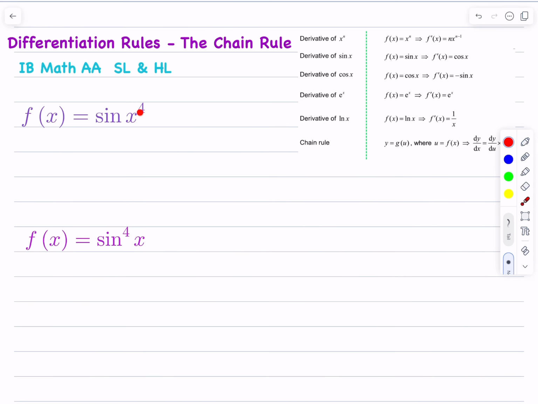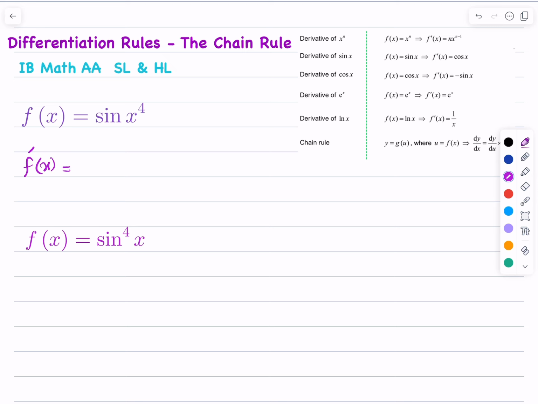Now we will move on to differentiating these examples. As you see here, we have two functions that look similar, but they are completely different. Here we have sine of x to the power of 4, so the power of 4 is on x only, but the sine has a power of 1. And here we have sine to the power of 4 of x. So here the power of 4 is only for the sine. So here, when we differentiate, we will have the first one, the derivative will be.